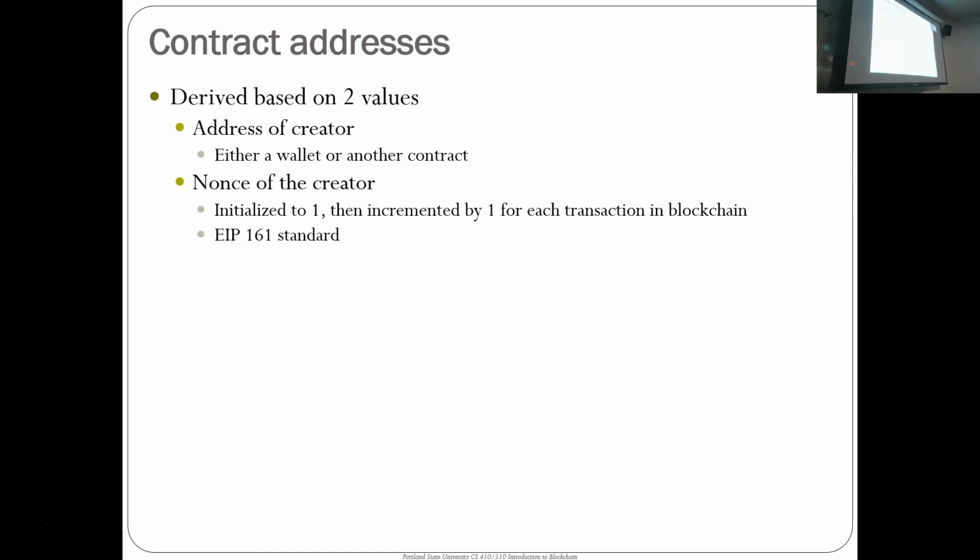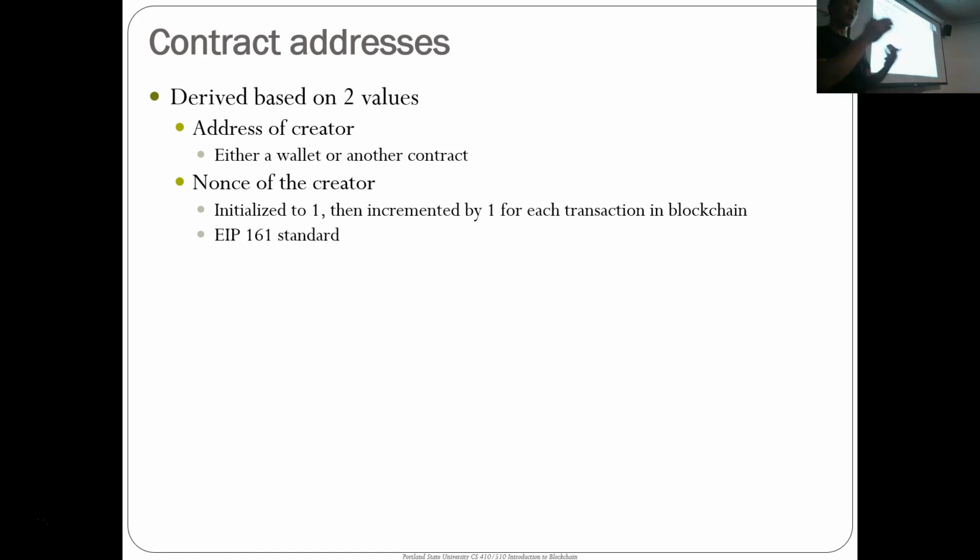This particular level exposes the fact that contract addresses are predictable. And so they're derived using two values: the wallet address of the creator. So the creator of the contract has a wallet address. It's based on that address and the creator's nonce.